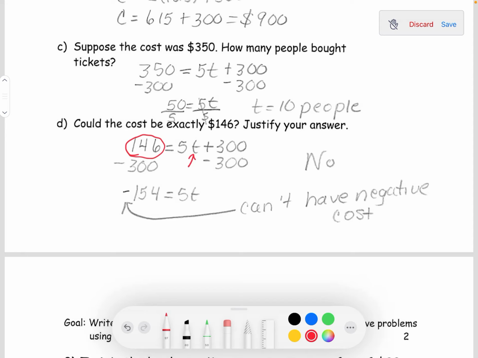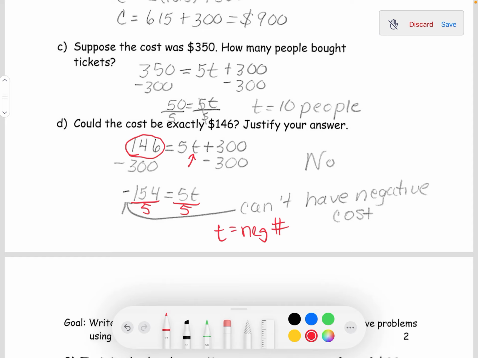So we subtract 300 from each side, and we have negative 154 equals 5t. If I go a step further and divide by 5, so I isolate my t, the t is going to be a negative number. We can't print a negative amount of tickets.